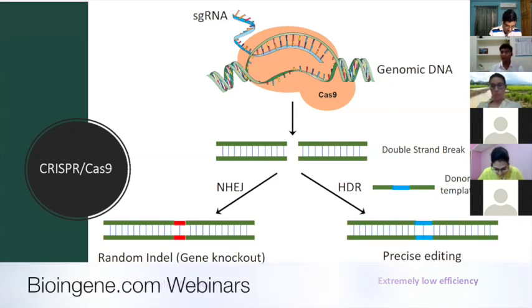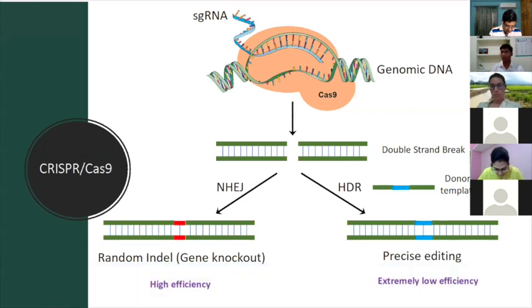In any diploid organism, there are two copies of one chromosome. Suppose one copy of a gene is broken, and the other copy of that gene is intact. Homology-directed repair sees the intact piece as the template and copies the information into the broken piece, making a perfect repair. But that is very, very low in efficiency.